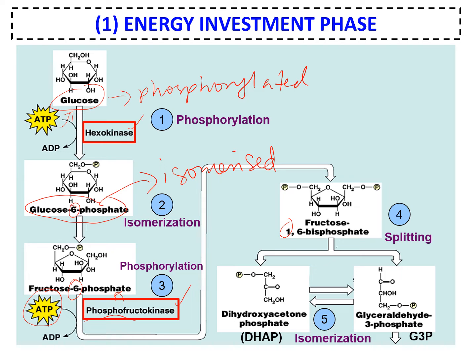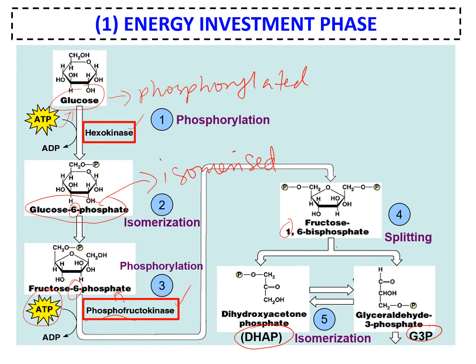So the 6 carbon molecule, fructose 1,6-bisphosphate, will be split into glyceraldehyde 3-phosphate and dihydroxyacetone phosphate. You can memorize the abbreviation of the molecules. Except for G3P, you have to know that it is named glyceraldehyde 3-phosphate.